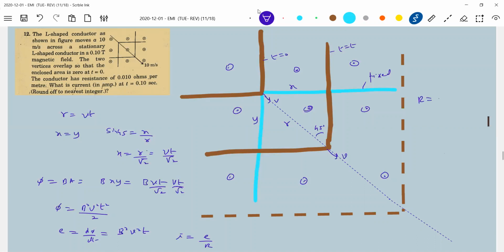How do you calculate R? R should be equal to resistance per unit length, lambda, into 2x plus 2y. Lambda value we know, and x and y also. So 2 lambda, so this will be 4 lambda. X is Vt by root 2.